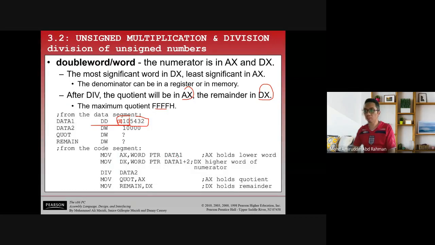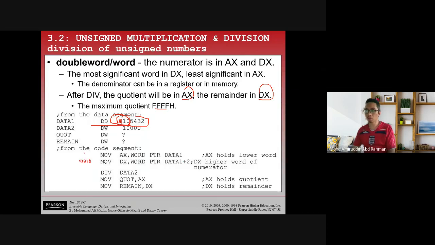So you have the data 1, right? And the data 1 plus 2, which is the upper part, right? So you move that to the X, meaning that here we will contain 0, 0, 1, 0.